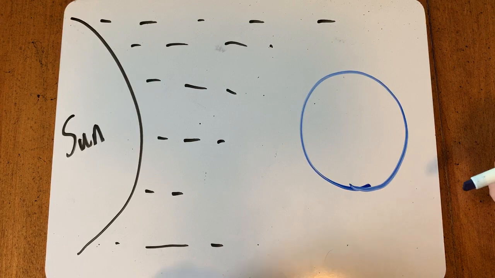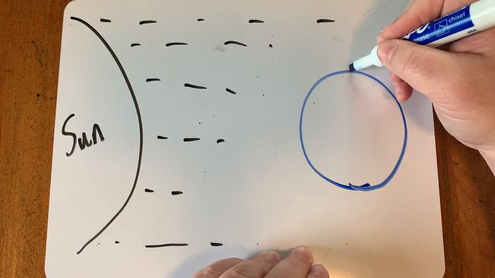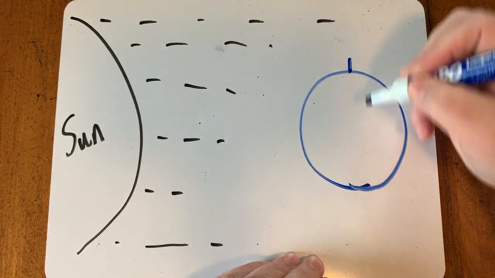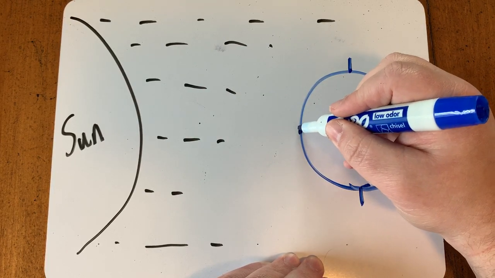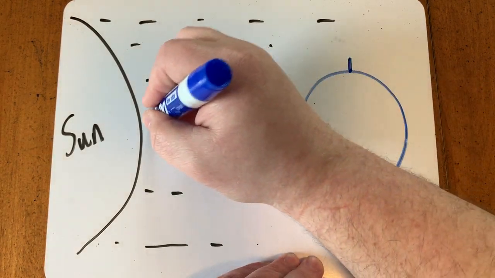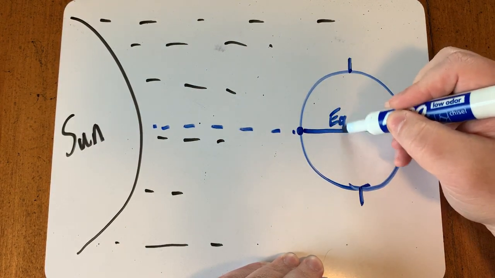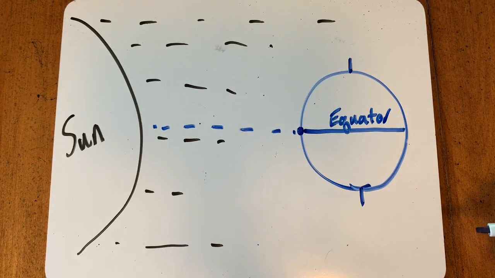The reason being, at the equinoxes, it doesn't look exactly like this. It would be tilted that way. But at the equinoxes, the closest point to the sun is on the equator.